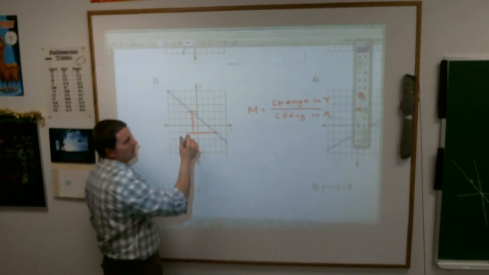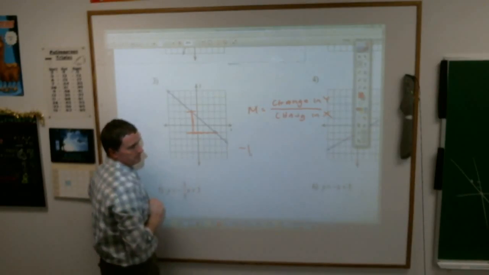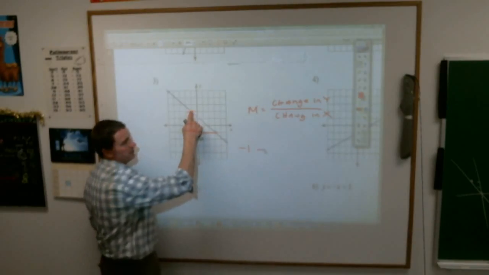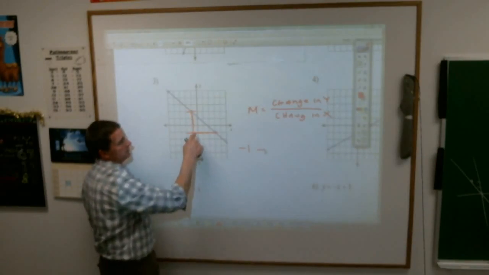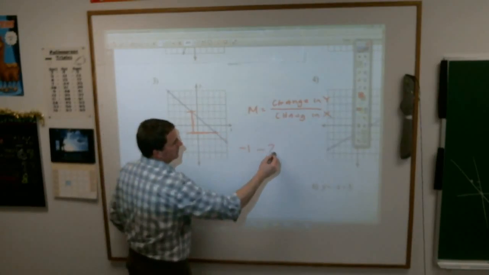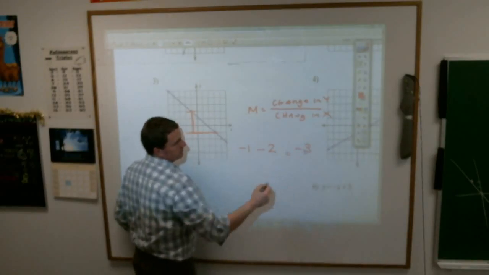In other words, what is the y right here? y is -1. If I take -1 and subtract from it what this point is right here, which is 2, sorry, 2, I am going to get the top number of my slope.